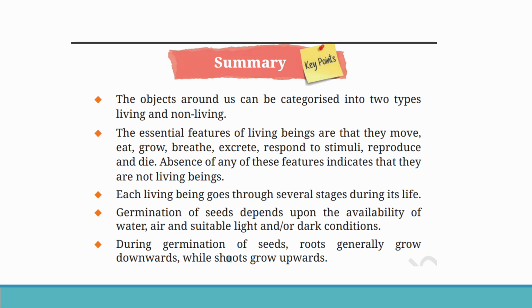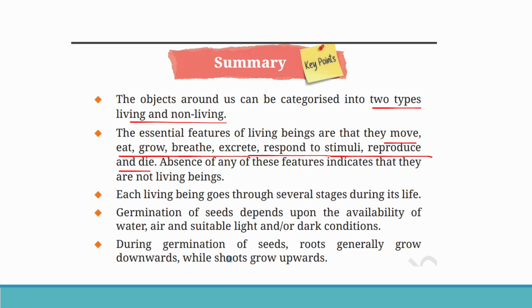Summary. The objects around us can be categorized into two types, living and non-living. The essential features of living beings are that they move, eat, grow, breathe, excrete, respond to stimuli, reproduce and die.